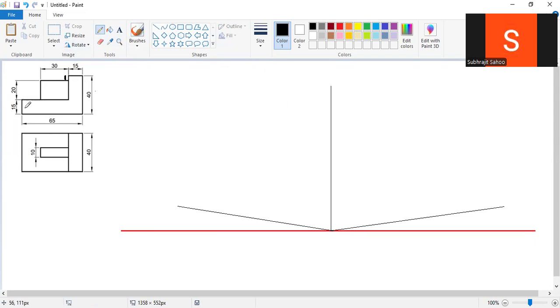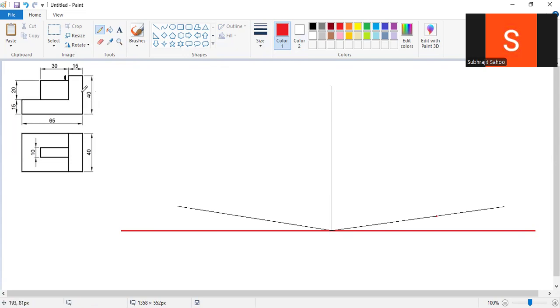Sir, what I told: the front view contains length and height. What is the length of the total object? 65. So from this point, measure 65 and mark here. Let this be 65.